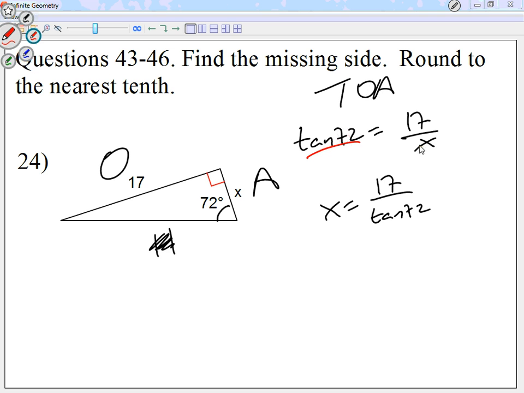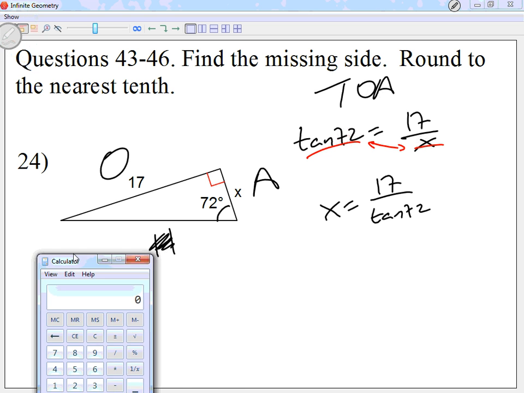Basically, tangent of 72 and x swapped places. All right, so I'm just going to type that in. Let me get my calculator.